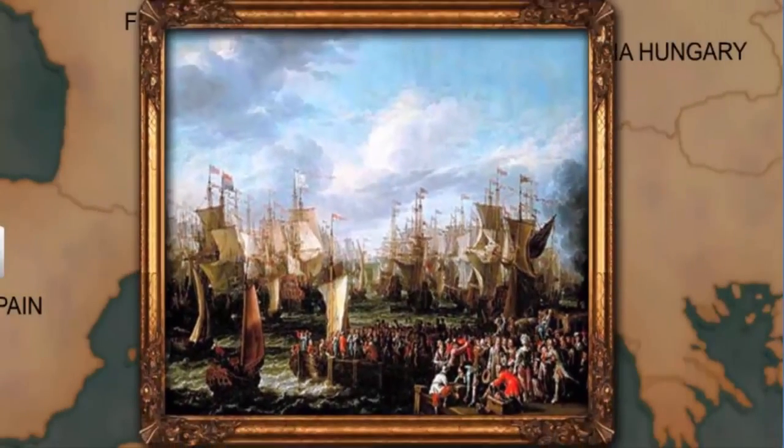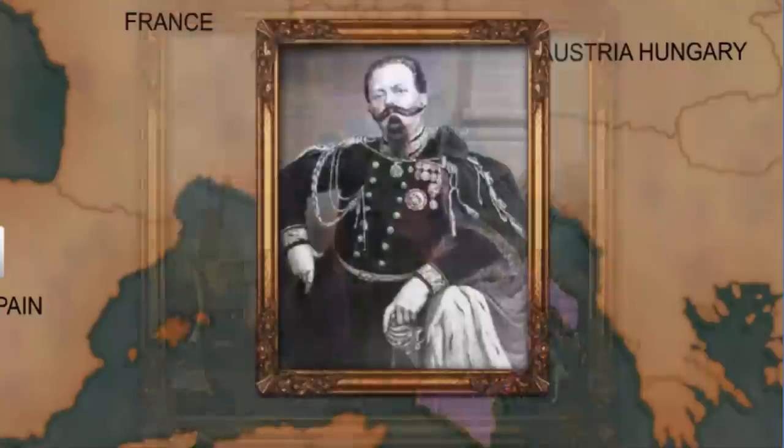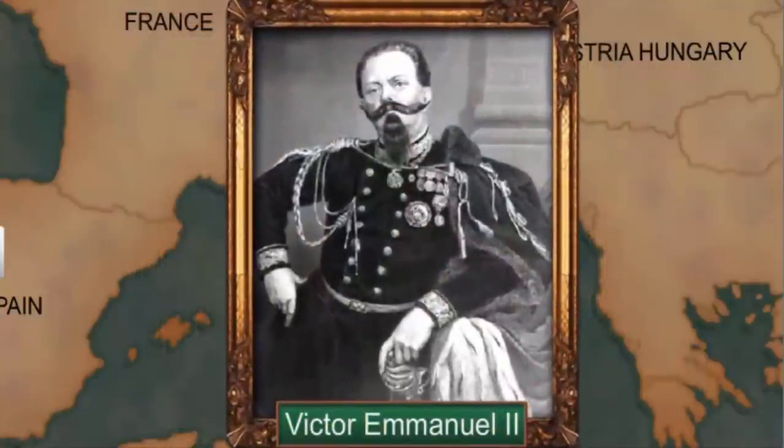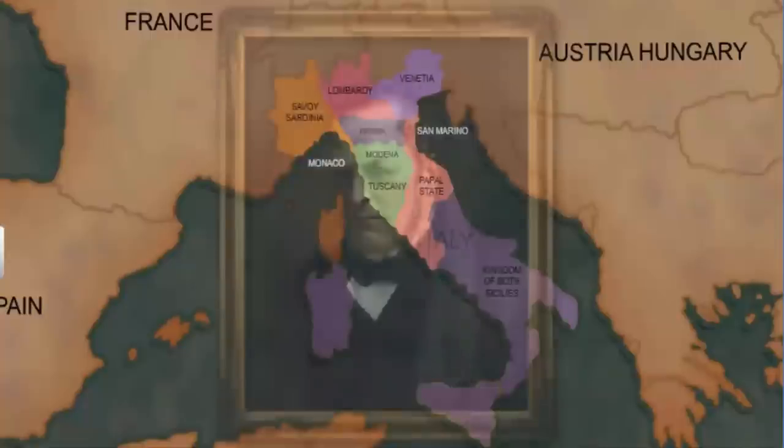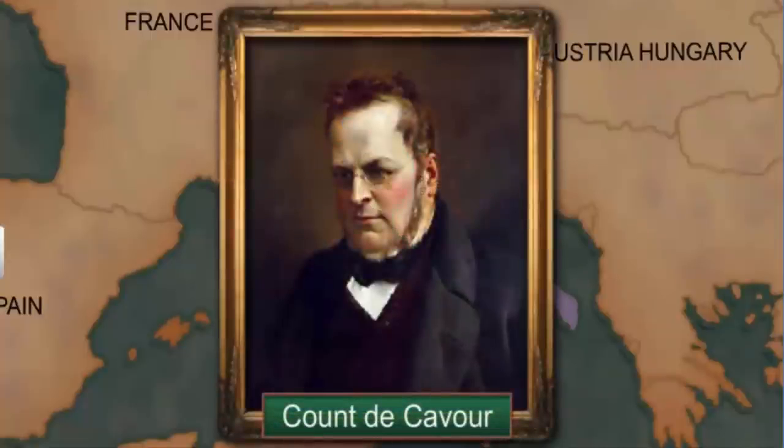Thereafter, the responsibility of unifying Italy came to Victor Emmanuel II, King of Sardinia, Piedmont. The Chief Minister of Piedmont, Count Camillo di Cavour, helped the king in forming an alliance with France, and they defeated the Austrian forces in 1859.